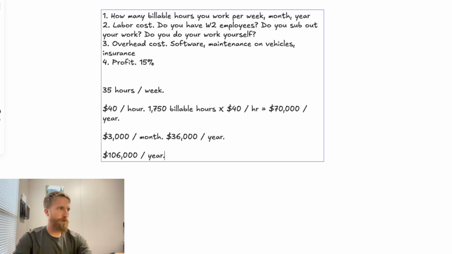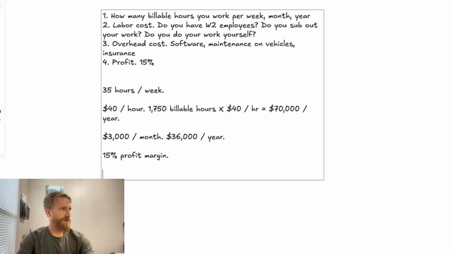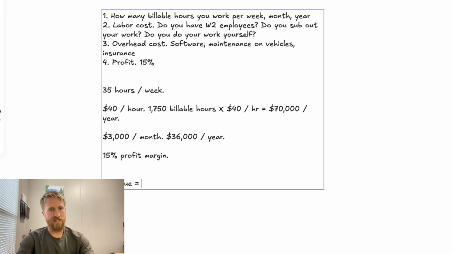Now, this doesn't include any profit, and likely we want to include profit, so let's figure that out too. So let's imagine that the profit that you're shooting for is 15% profit at the end of the year. To figure out how much revenue we need, we will perform the following calculations. So we'll take revenue, which is going to equal first the number that we have here, if we add up our labor and our overhead cost, so $106,000, and we're going to divide that by 100% minus 15%.